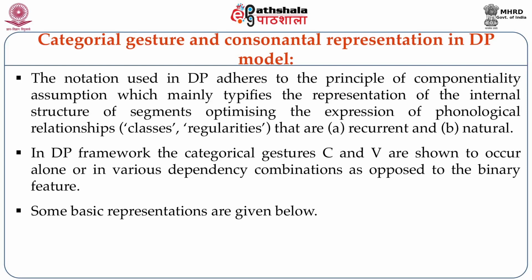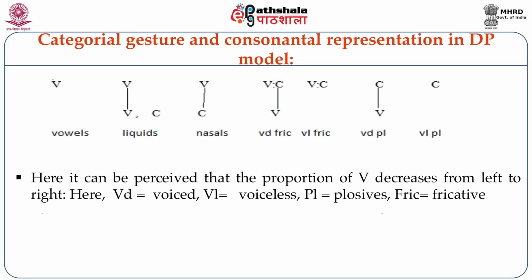In terms of the vowel components and sonority, we know vowels are the most sonorous segments and voiceless plosives are the least sonorous segments. If you look at the presence of the V components, you can be sure which is more sonorous and which is less sonorous.